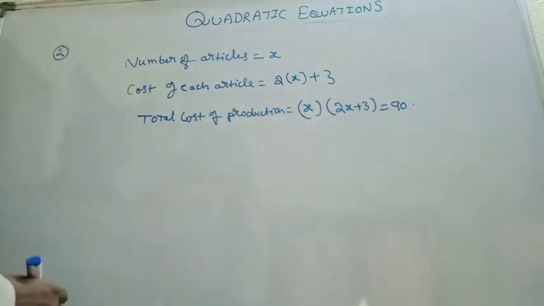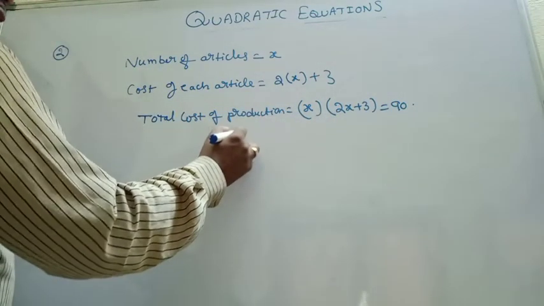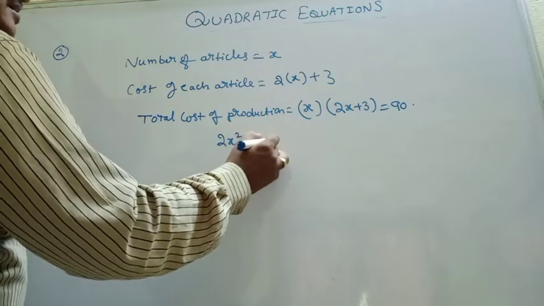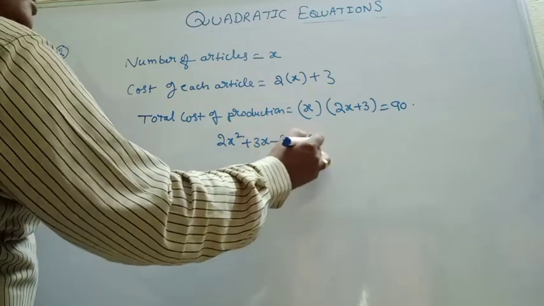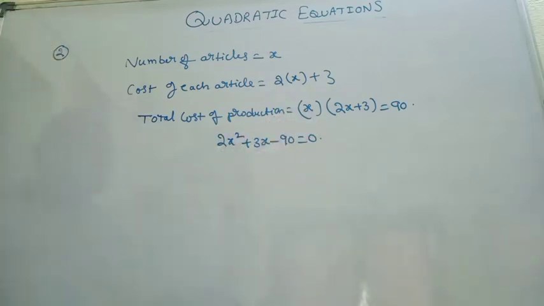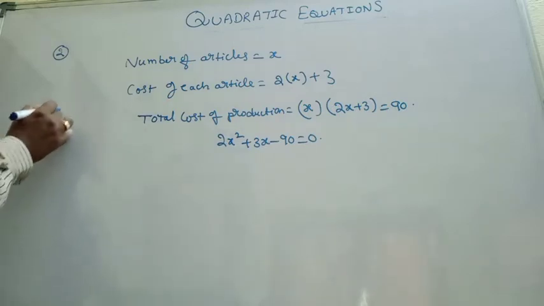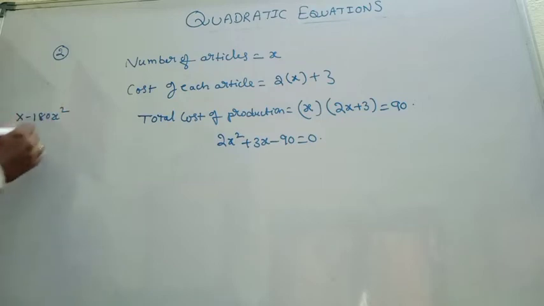Now this becomes 2x square plus 3x minus 90 equal to 0. If you solve this, you will get a nice quadratic equation, 2x square plus 3x minus 90 equal to 0. If you multiply, you have to get minus 180 x square, and adding, you have to get 3x.